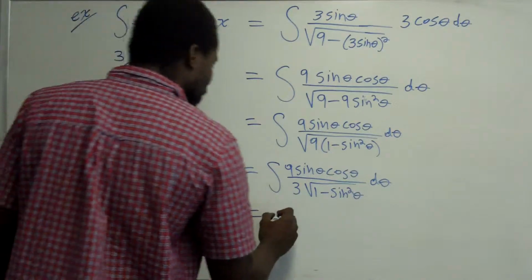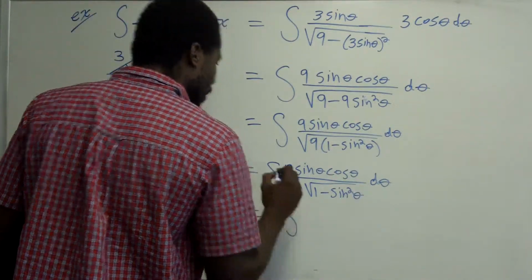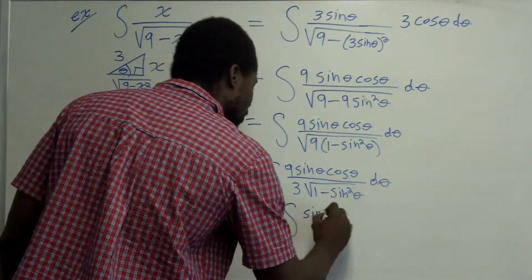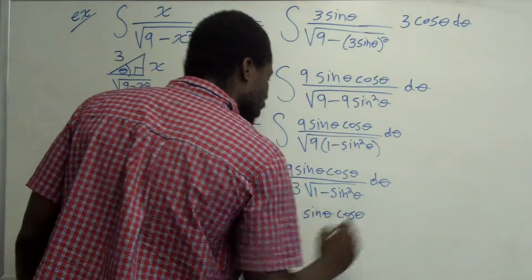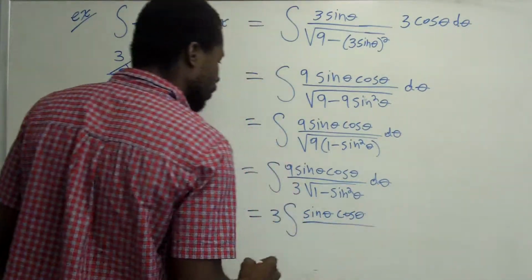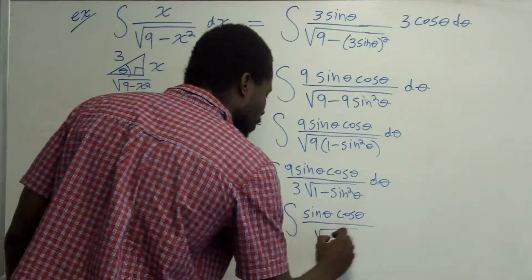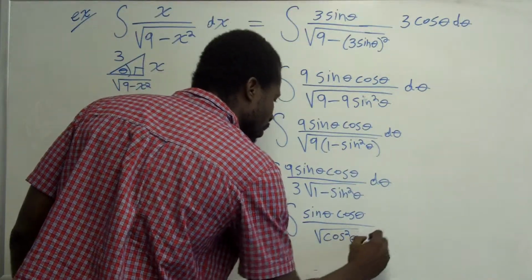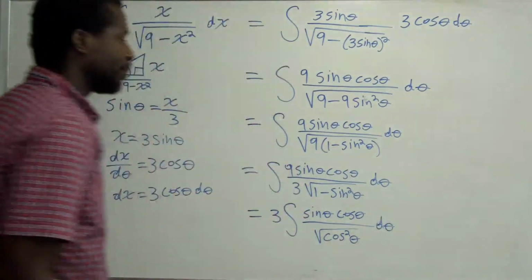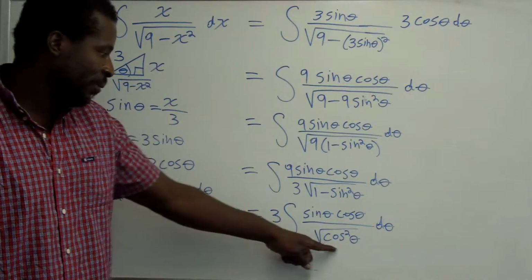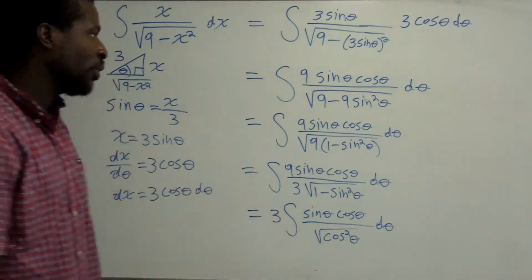9 over 3 is 3, so I can have a 3 in front of the integral. And then I get the sine of theta cosine of theta over the square root of the cosine squared of theta by the Pythagorean identity. The square root of the cosine squared is just the cosine.